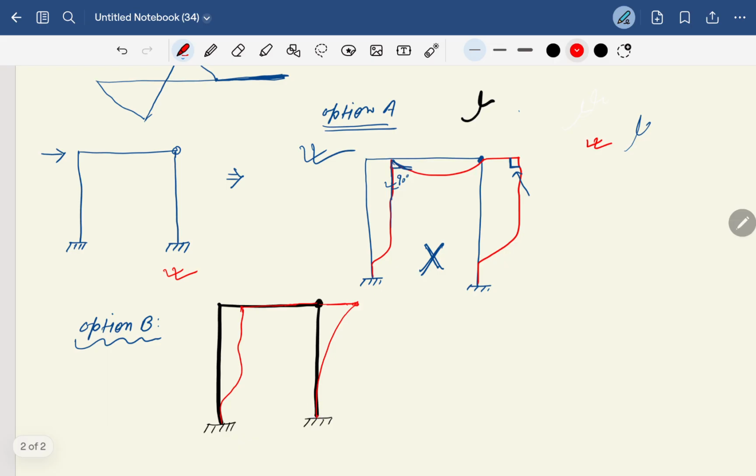Second option is this. So is this right or wrong, you will have to see.